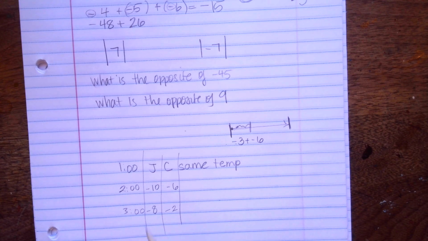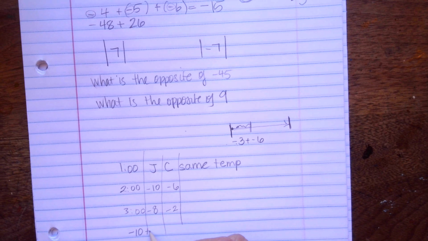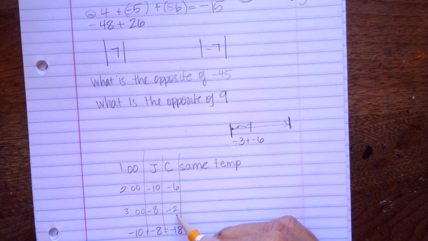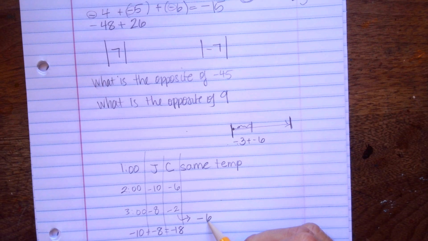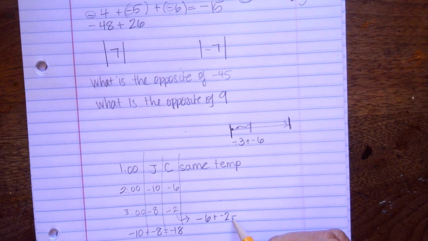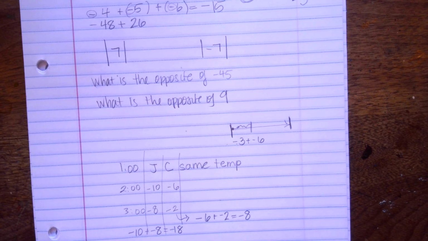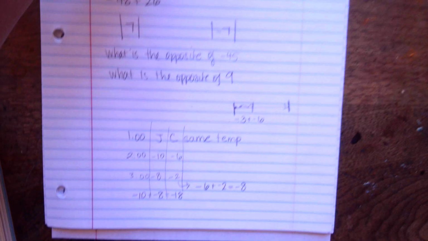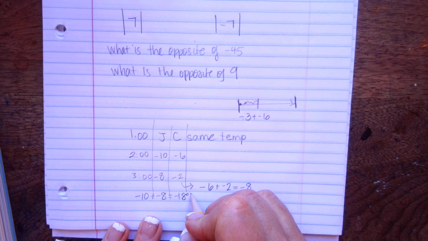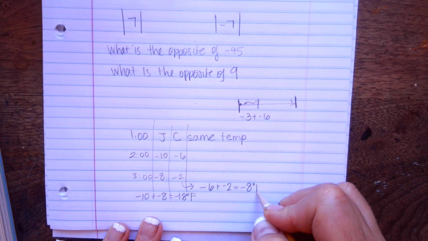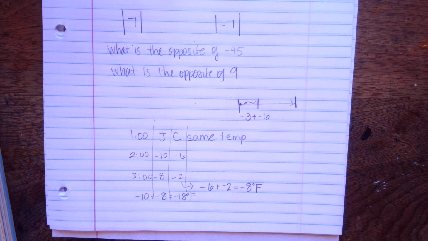So we're going to write it like this: -10 plus -8 equals negative 18. And then Cooperville is negative 6 plus negative 2 equals negative 8. And our label for our word problem is going to be degrees. I'm assuming they're doing Fahrenheit, so we're going to put Fahrenheit.